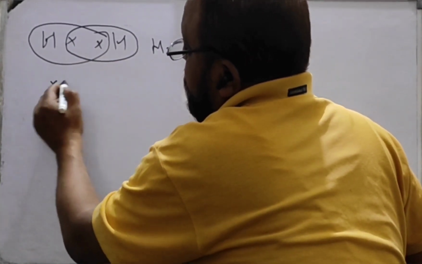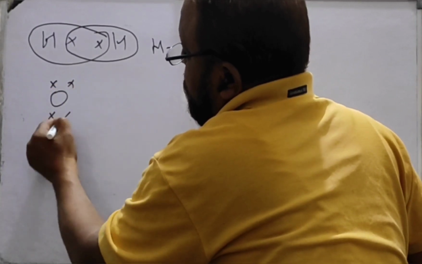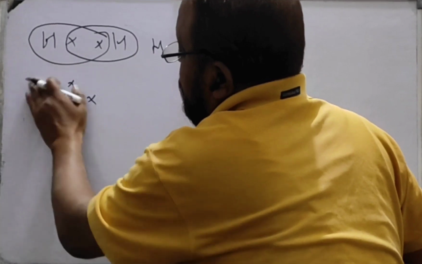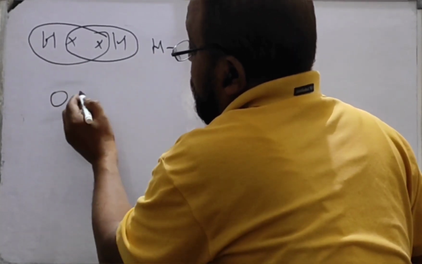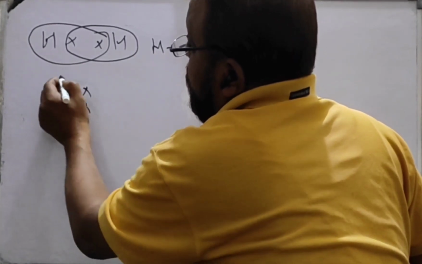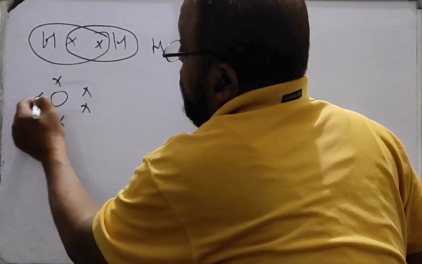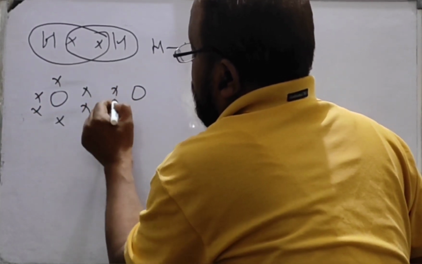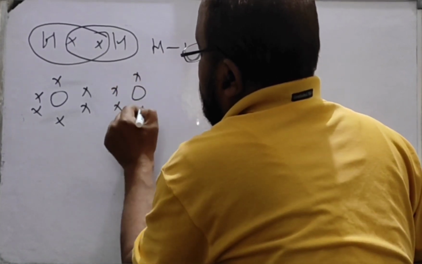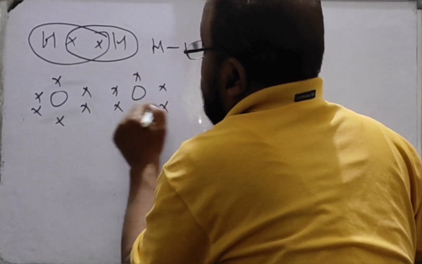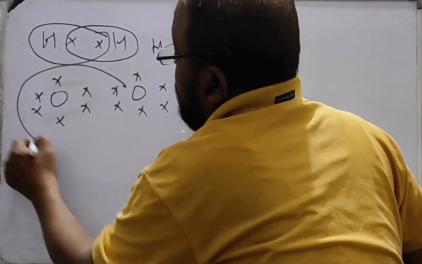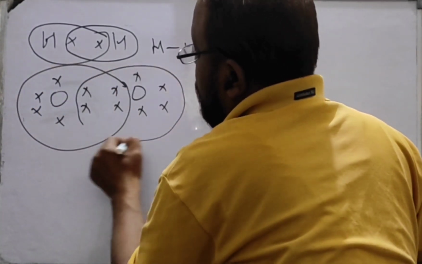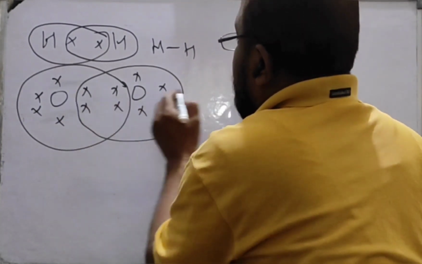Now oxygen has 6 electrons in its outermost shell. One atom has taken 2 electrons from the other atom and vice versa.